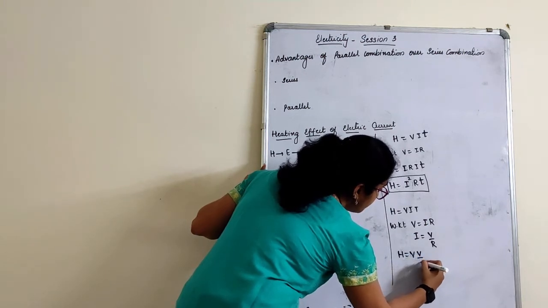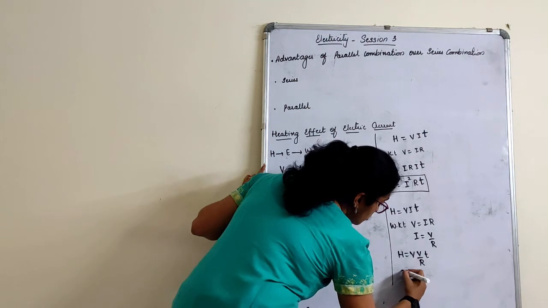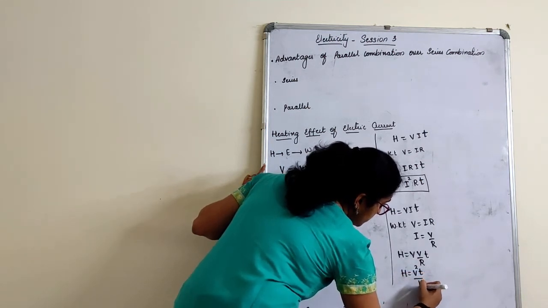I will write V by R into T. So H is equal to V square T by R.